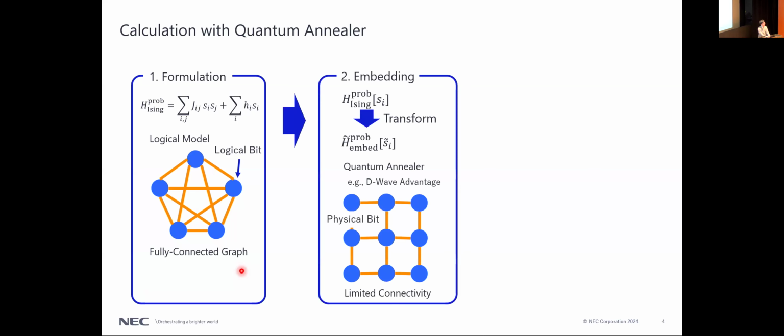However, the graph structure of the actual quantum annealer is not fully connected. Therefore, it is necessary to transform the logical model to match the graph structure of the quantum annealer. This transformation is called embedding, and the variables after transformation are called physical bits.